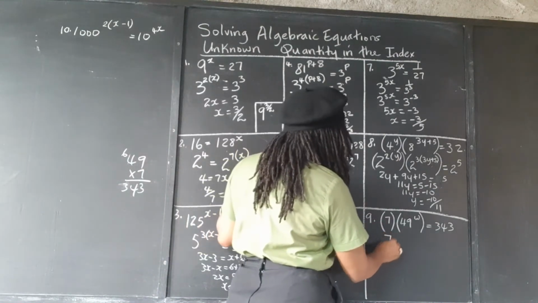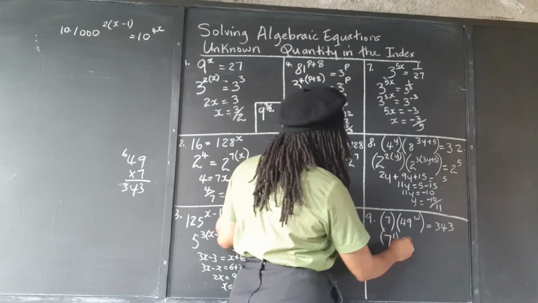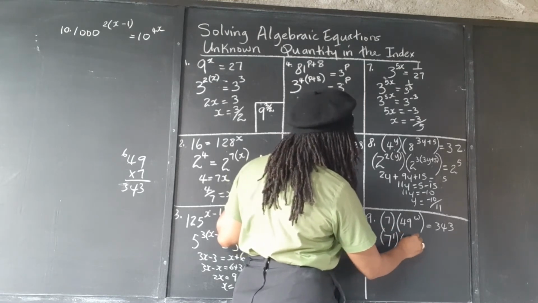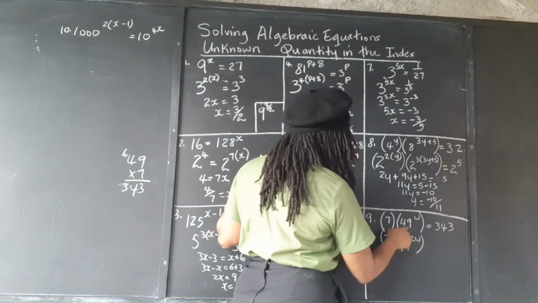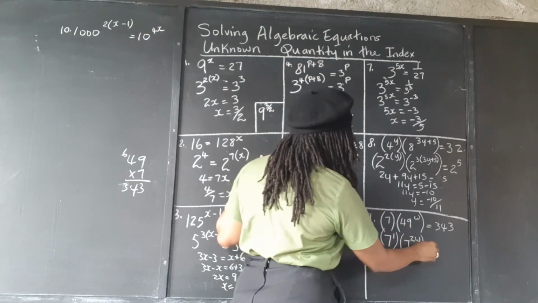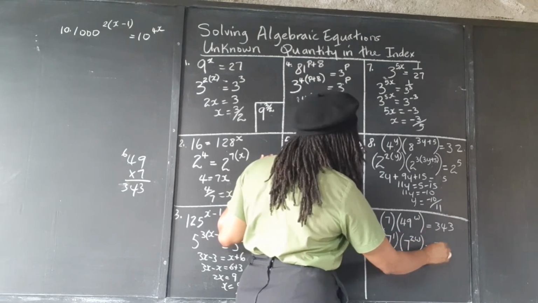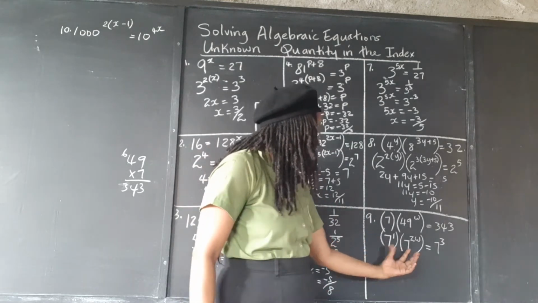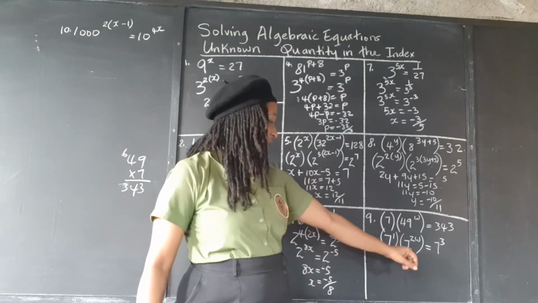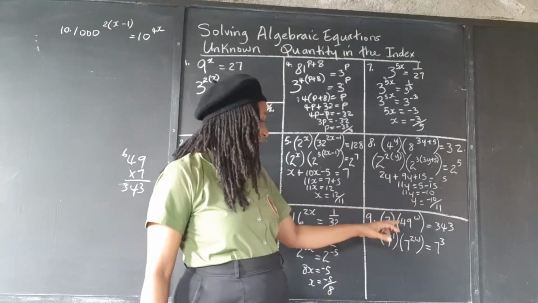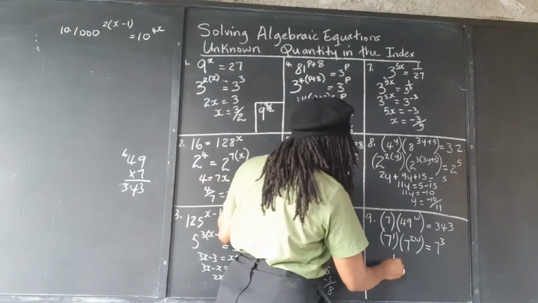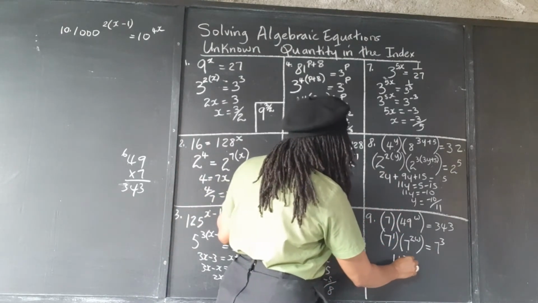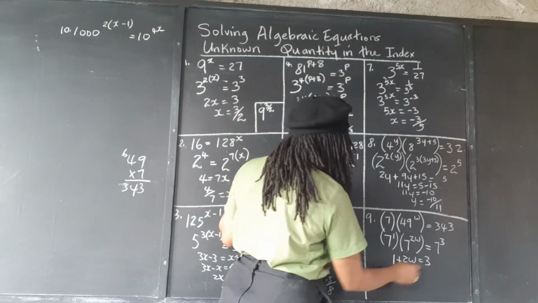So this is 7 to the 1st power times 7 squared. 49 is 7 squared, and 343 is 7 to the 3rd power. We are multiplying here. The brackets mean multiply. The bases are the same. We are going to add the indices. So that's 1 plus 2w is equal to 3.